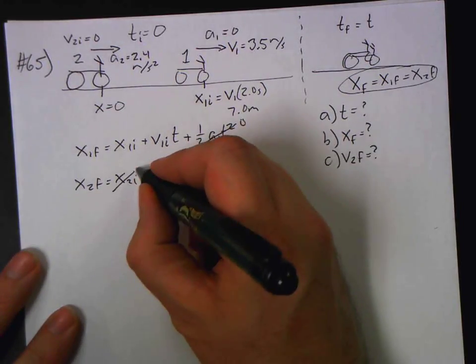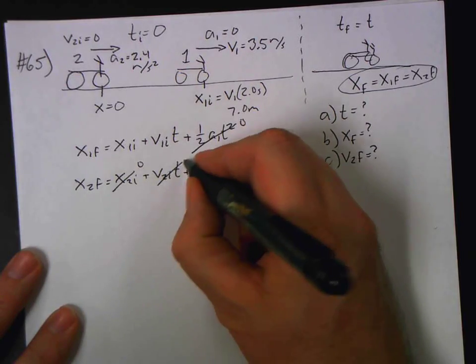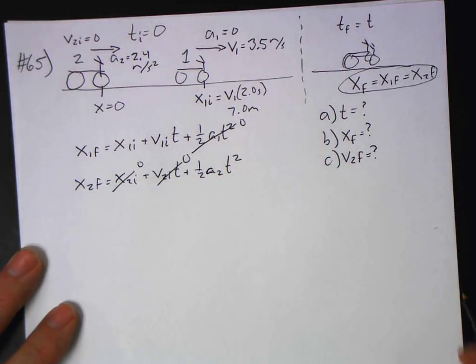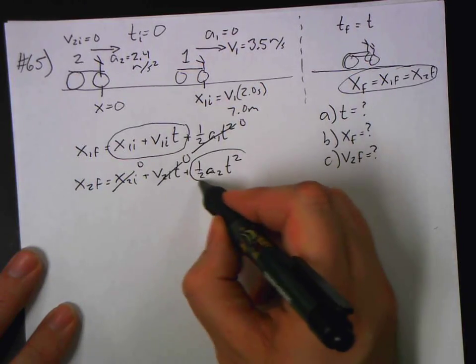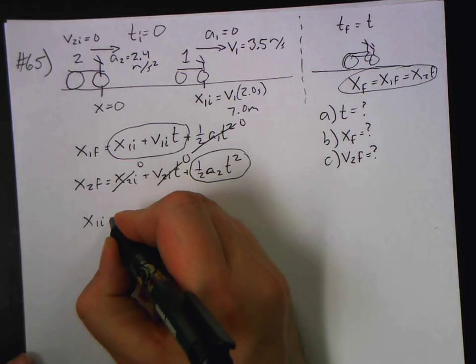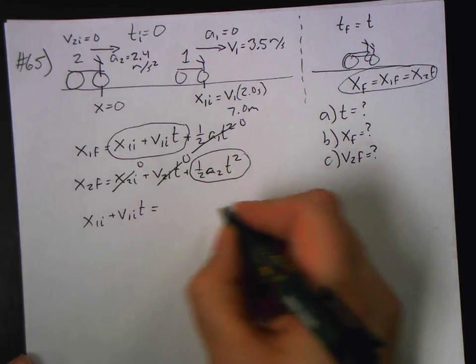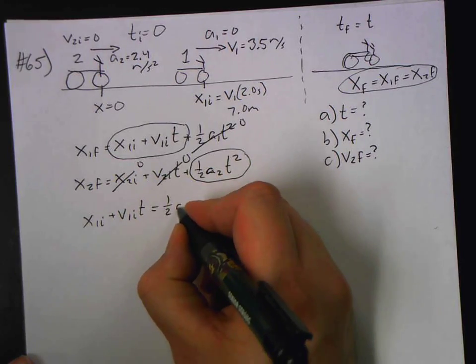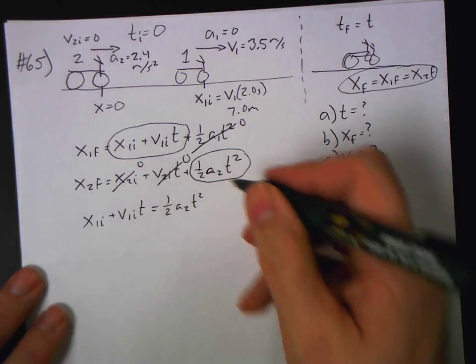This x2 initial is 0 because he started from the 0 point. This v2 initial is 0 because he wasn't moving. So now we have this equals this: x1 initial plus v1 initial times time equals 1/2 the acceleration of bicycle 2 times time squared.